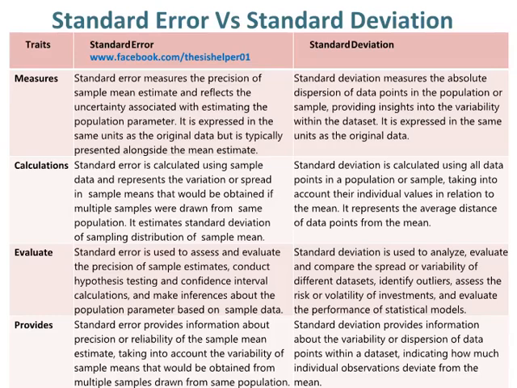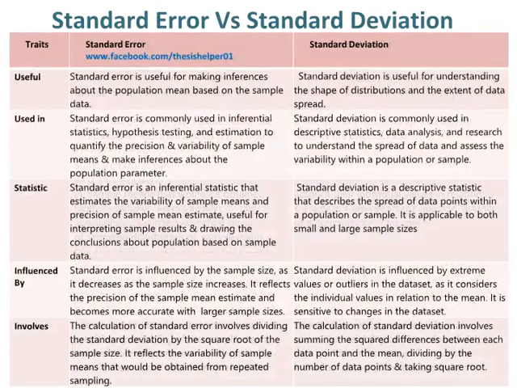Standard error provides information about precision or reliability of the sample mean estimate, taking into account the variability of sample means that would be obtained from multiple samples drawn from same population. Whereas, standard deviation provides information about the variability or dispersion of data points within a dataset, indicating how much individual observations deviate from the mean.